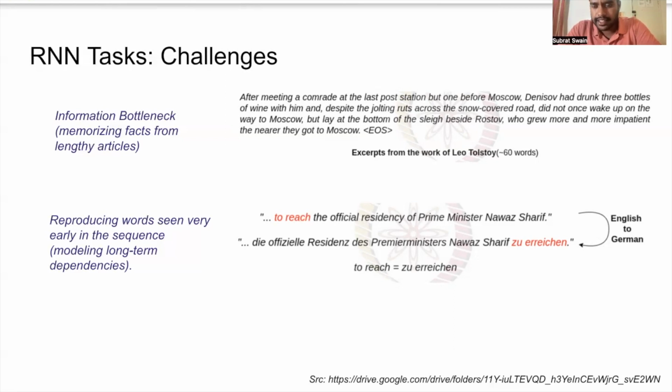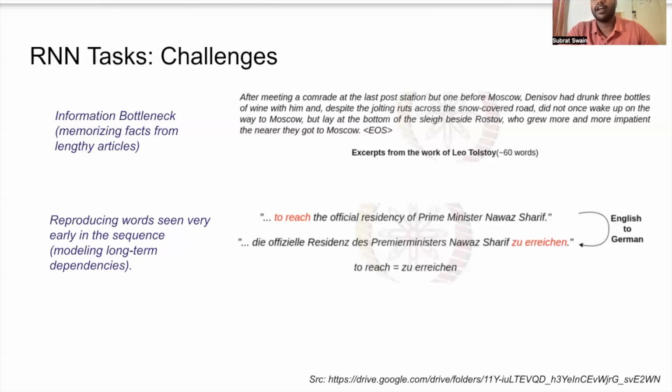The second problem with these RNN models was reproducing words seen very early in the sequence. For instance, let's say "to reach" in German is zu erreichen.